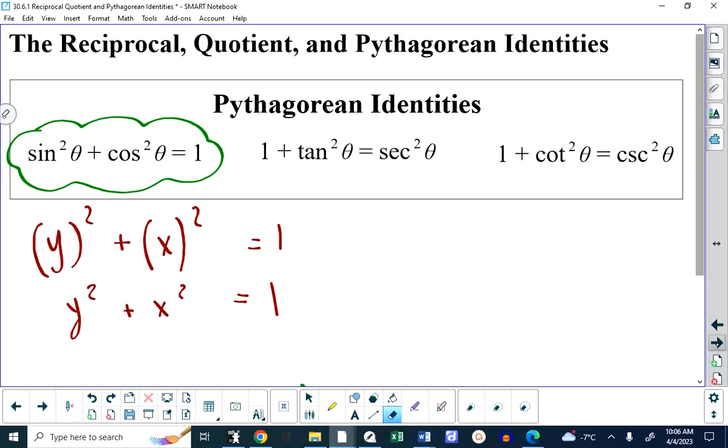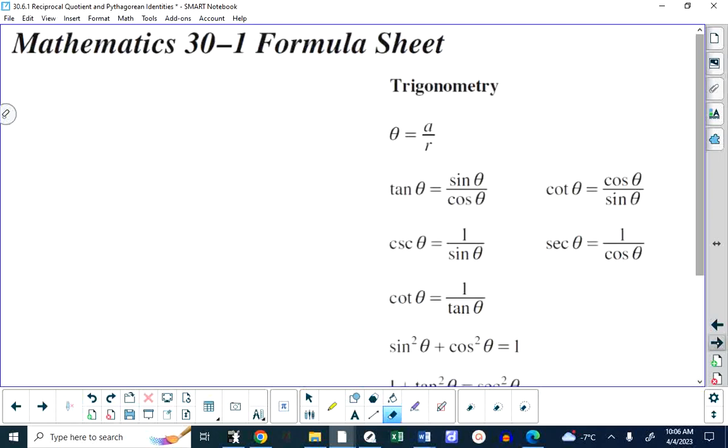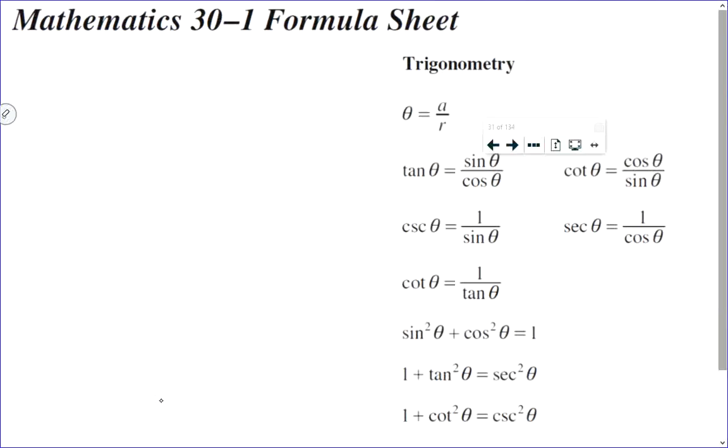These other ones I don't expect you to memorize, but if you ever see something that has the number 1 and a square of a trig function, it's one of those trigonometric identities, most likely. Okay. They're on your formula sheet. These are not labeled, and you don't really need to know this for today, but you will later.